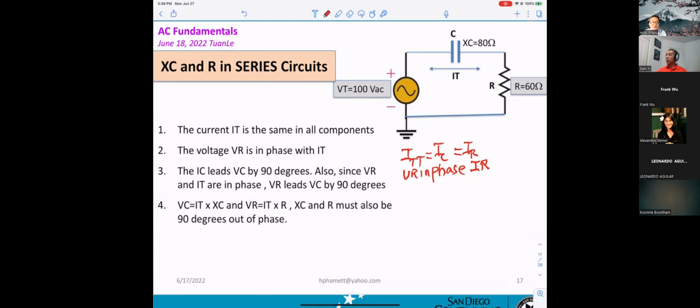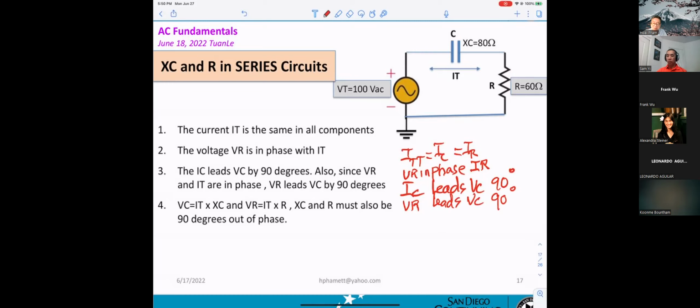Okay. Now, IC leads VC by 90 degrees. What happened to VR and VC? The thing is VR and IC are in phase.